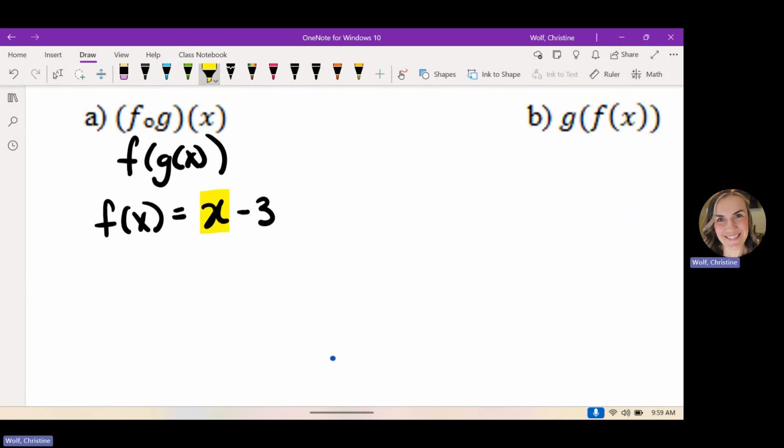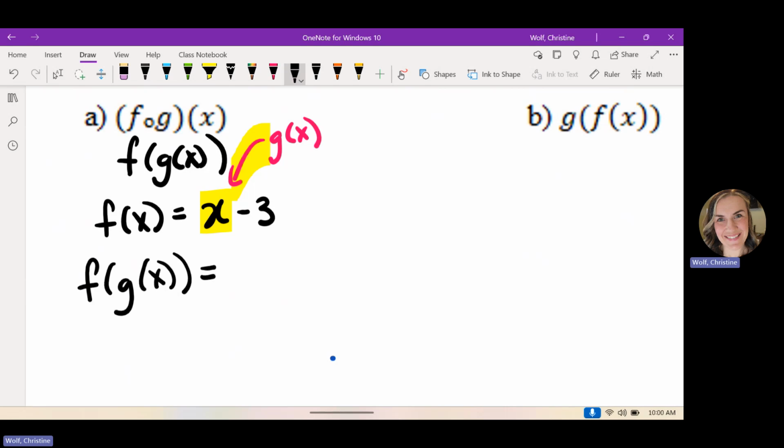But wherever I see an x, I have to replace it with g of x, okay? So let's do that. So that means f of g of x would look like this. I hit my x first, so I have to replace that x with what g of x is in its entirety, which is root x plus 2, and then that minus 3 just gets written down.